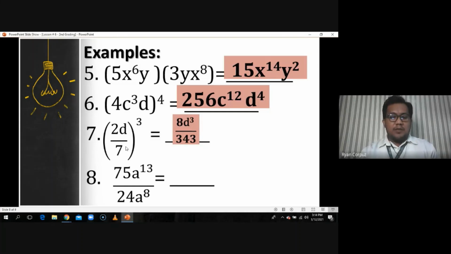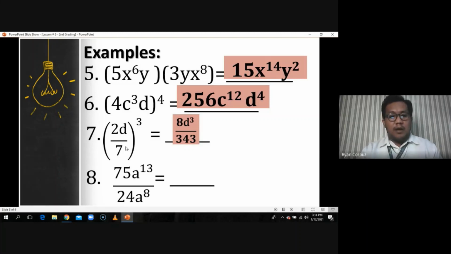On the part of its numerical coefficient, even though 75 is not exactly divisible by 24, we have to look at the GCF that is exactly divisible to both 75 and 24. So it is just like we are reducing that fraction into its lowest term. So ano ba yung lowest term ng 75 over 24?